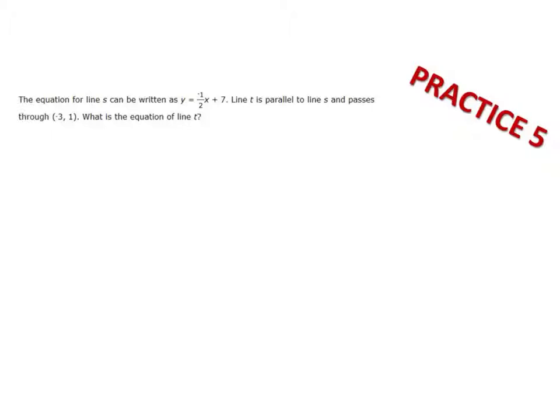Practice problem number 5. The equation for line S can be written as y equals negative 1/2 x plus 7. Line T is parallel to line S and passes through point (-3, 1). What is the equation of line T? If you're not sure how to do this, go back to my previous problem and watch how I do it again.